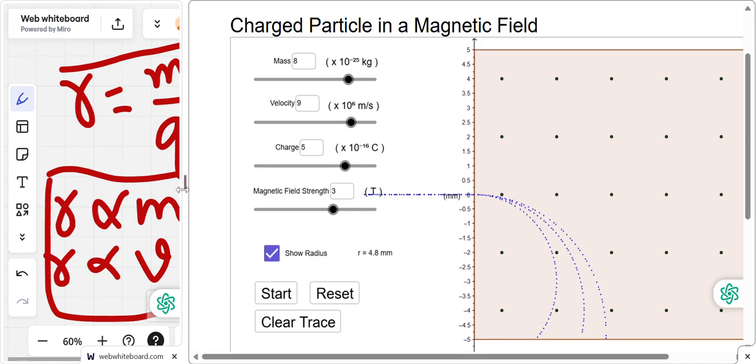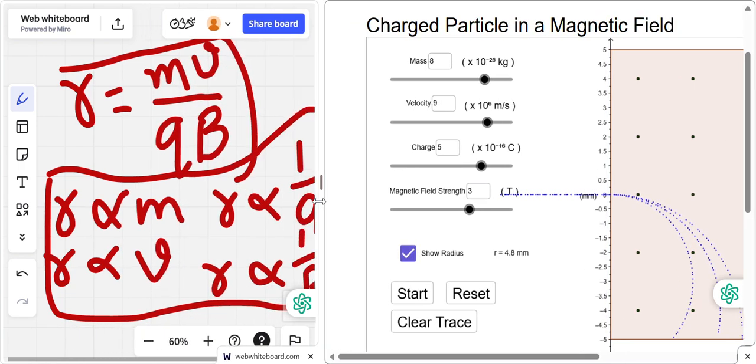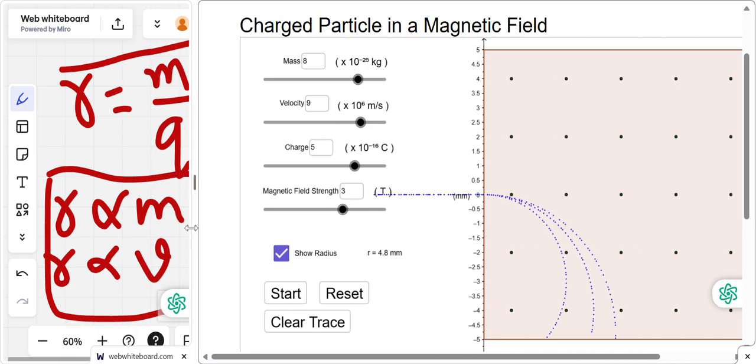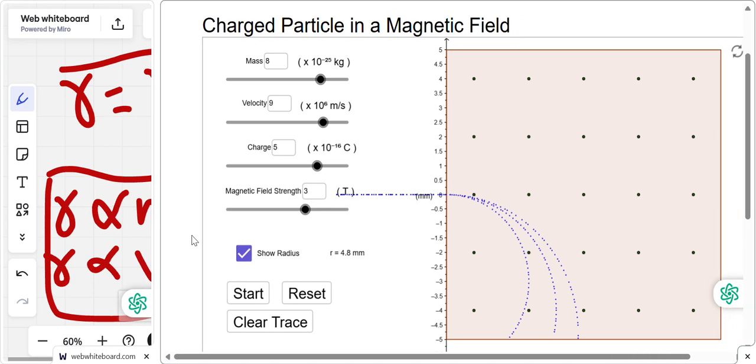Now let's verify that the radius is inversely proportional to the charge. R is inversely proportional to Q. So keeping everything constant, let's change the value of Q. I will increase the value of Q from 5 to 7.